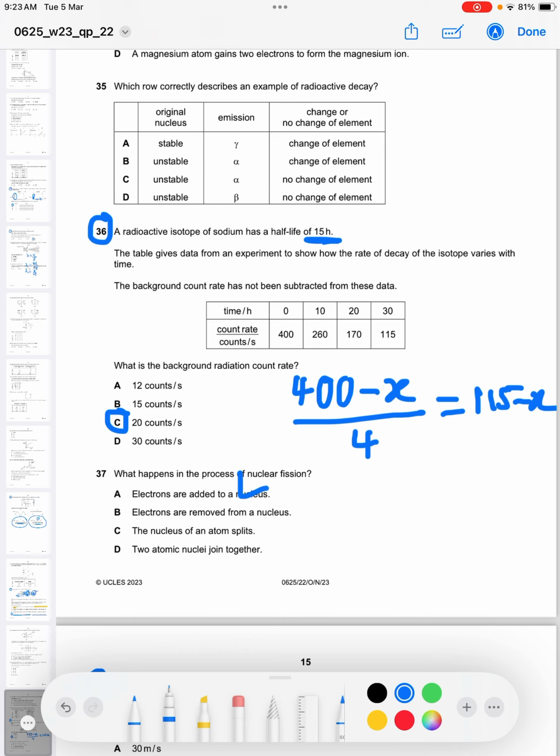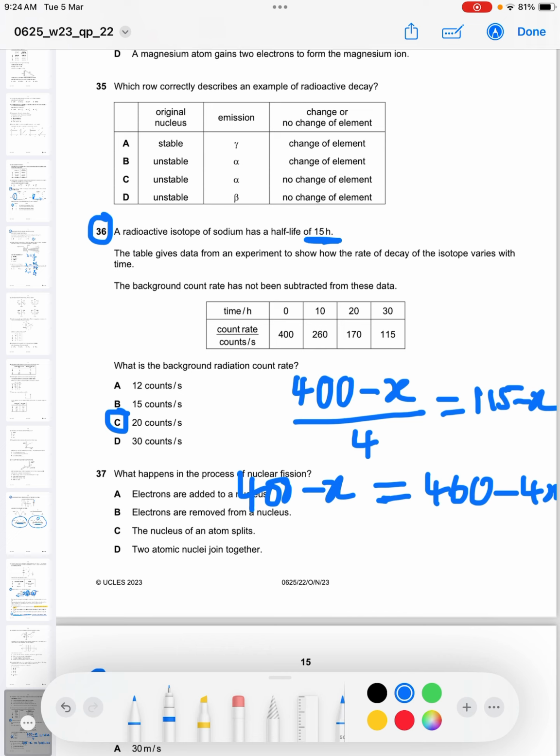So then this becomes 400 minus x, and 115 times 4, which becomes equal to 460, sorry, minus 4x.